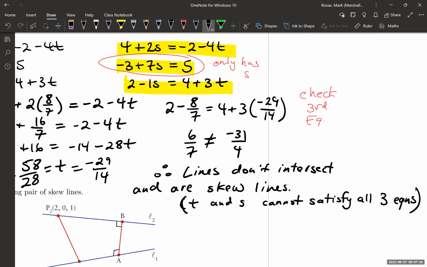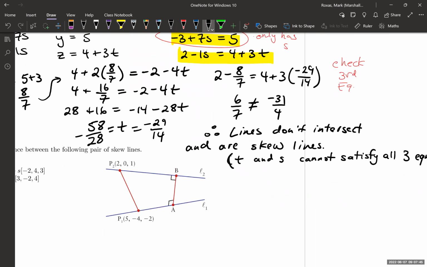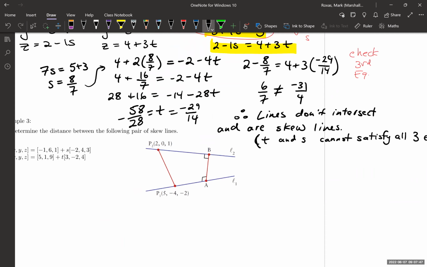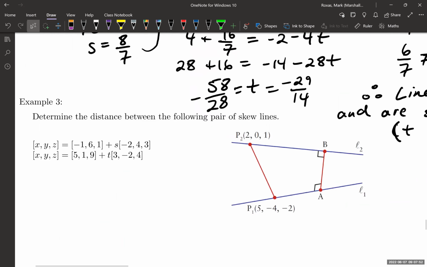Okay. The third example, the last example here, is just an example on a little bit of an application. Okay, and it's kind of a little bit of a side thing. It's not really so much points of intersection, but rather just looking at a different kind of problem that you'll see in the practice. Determine the distance between the following pair of skew lines.